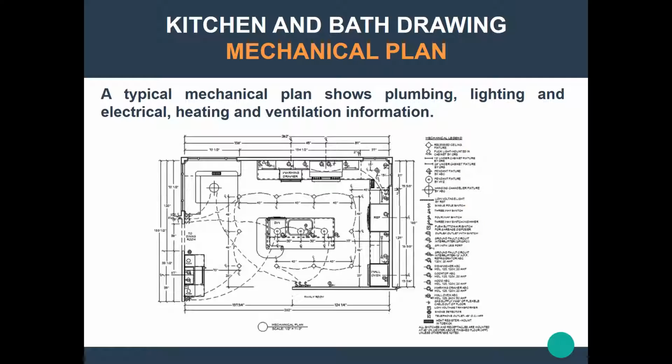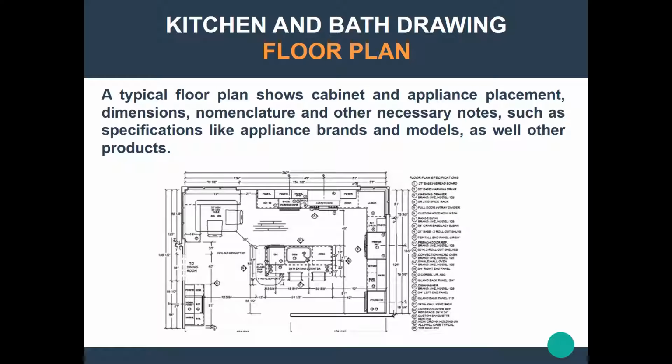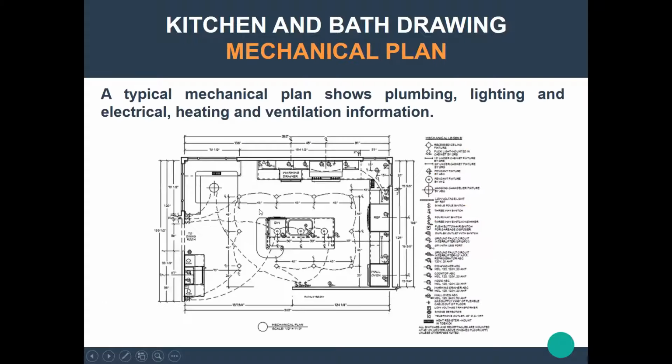It's gonna be after the mechanical plan. Mechanical plan is the heaviest because we need to show not only what we show in the prior plan, the floor plan, like cabinets, appliances, etc. But in the mechanical plan, we need to show the installations, all the installations, electrical and plumbing. And then here you will see all these symbols.